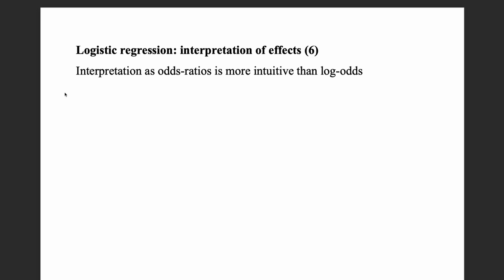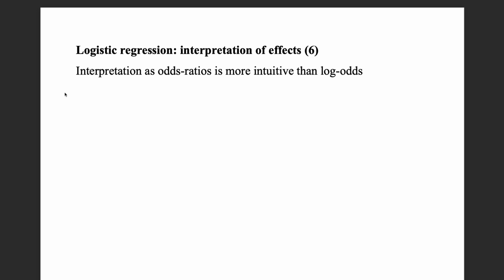We already saw that we can simplify things a little bit by getting rid of the natural logarithm for our dependent variable, putting that on the right hand side of our regression model, and then we get effects on the predicted odds ratios. We do that by exponentiating the coefficients. And then we get a multiplicative model for the predicted odds: by how many times do the odds increase if our x variable goes up by 1 unit on its scale?